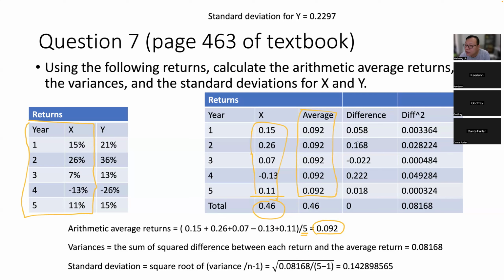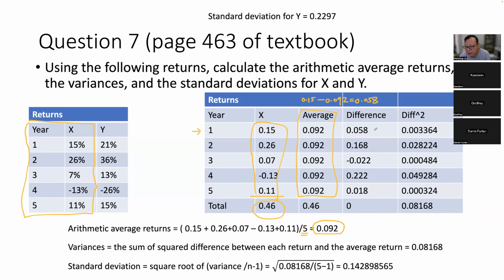And now I need to calculate the difference between the actual observation and the average. So here, for example, for this first year, I use 0.15 minus 0.092. So I would get 0.058.